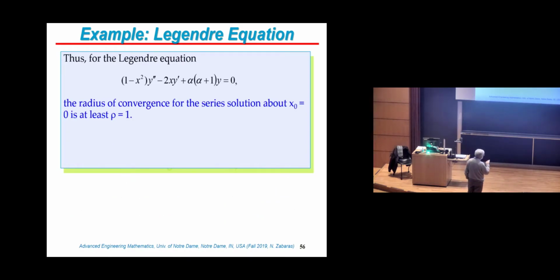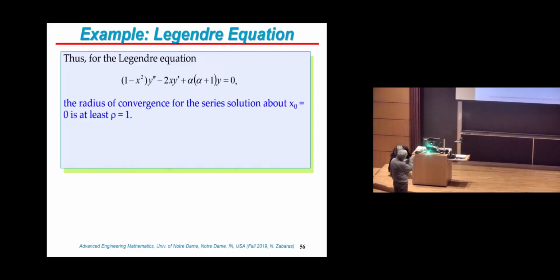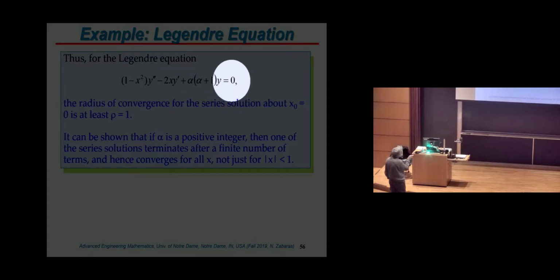And actually, when I mention here that the minimum radius of convergence is equal to 1, this is the best we can say. It doesn't mean that the Legendre solutions don't converge for other x's. Obviously, in general, because of this singularity at x equal to plus or minus 1, it will not converge everywhere. But let me tell you something interesting. When you solve this equation, and we will do this in a forthcoming lecture, you will get two solutions.